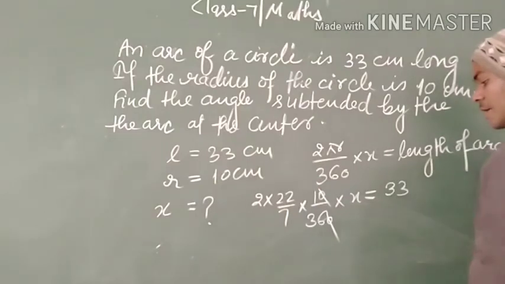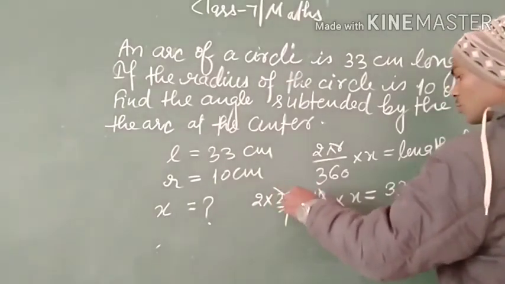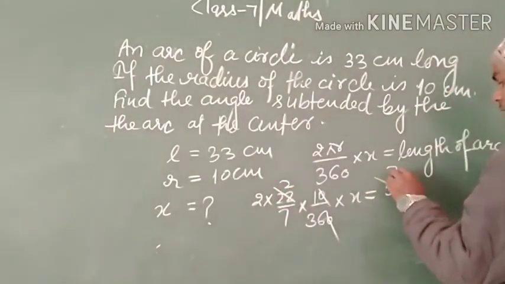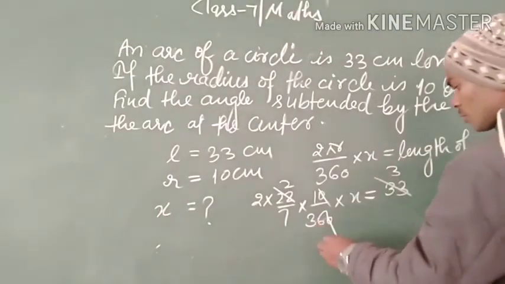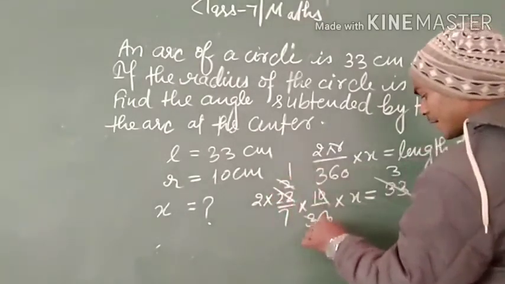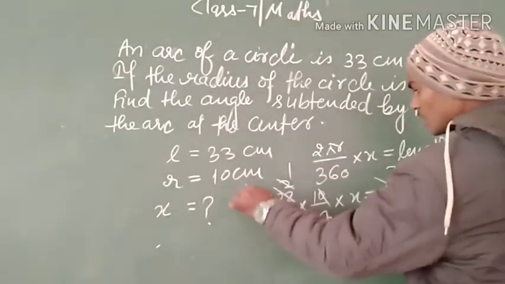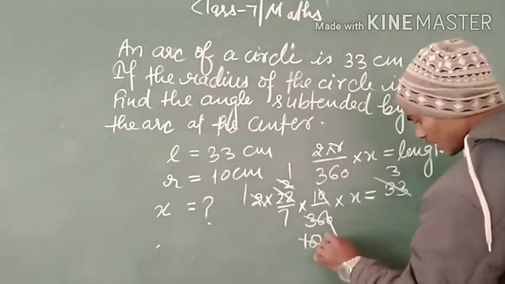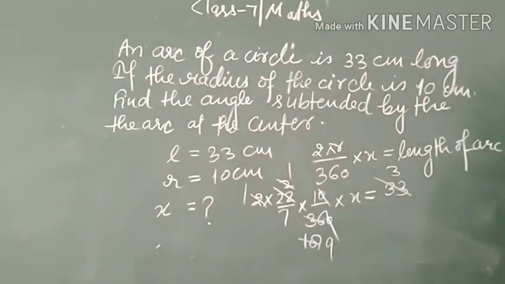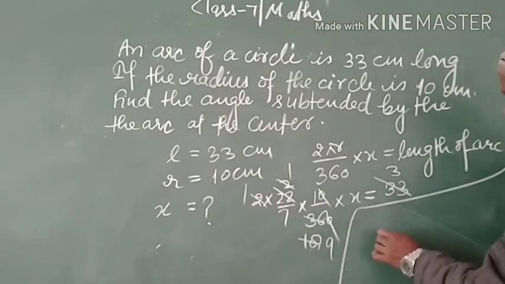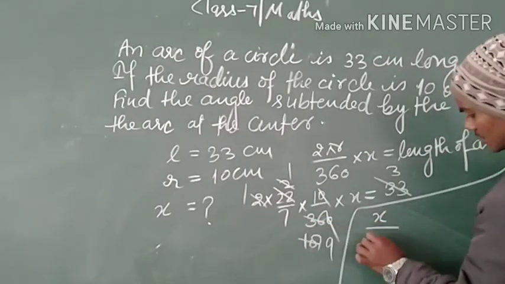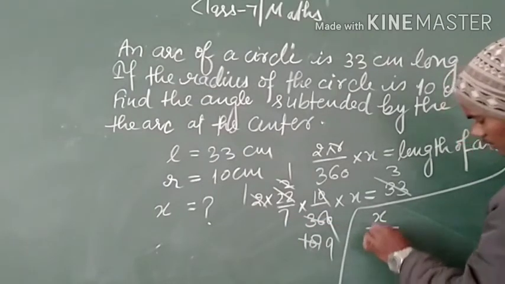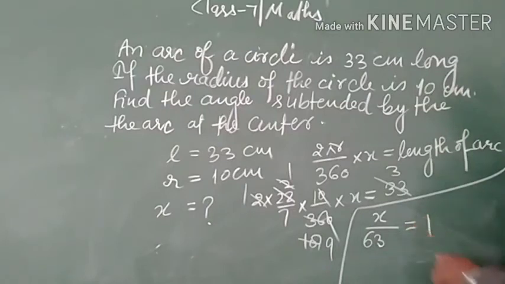0 and 0 get cancelled out. 11 2 are 22, 11 3 are 33. Dividing once more, 2 1 are 2 and 18 2 are 36, 2 1 are 2 and 2 9 are 18. So what is left, let us write down. Here we get 1x upon 7, 9 7 are 63, and this is equal to 1.